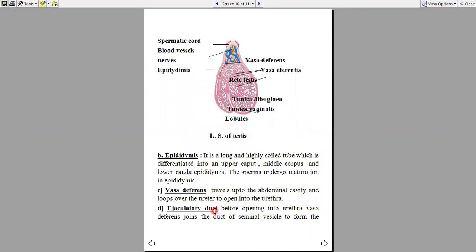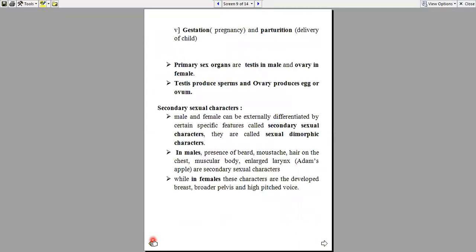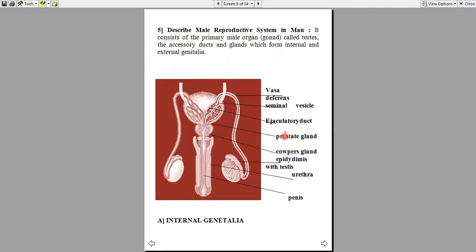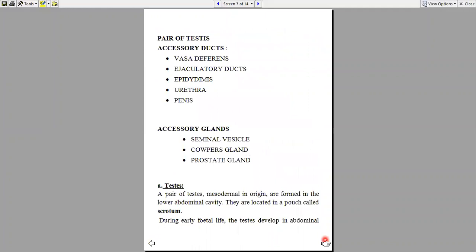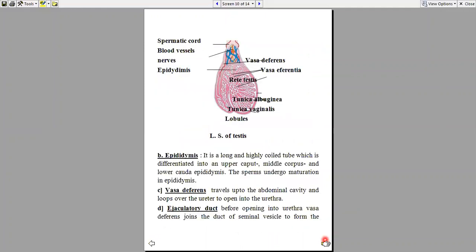Ejaculatory duct. Just before, we have discussed that the vasa deferens, before entering the urethra, joins with the seminal vesicle and forms the ejaculatory duct.